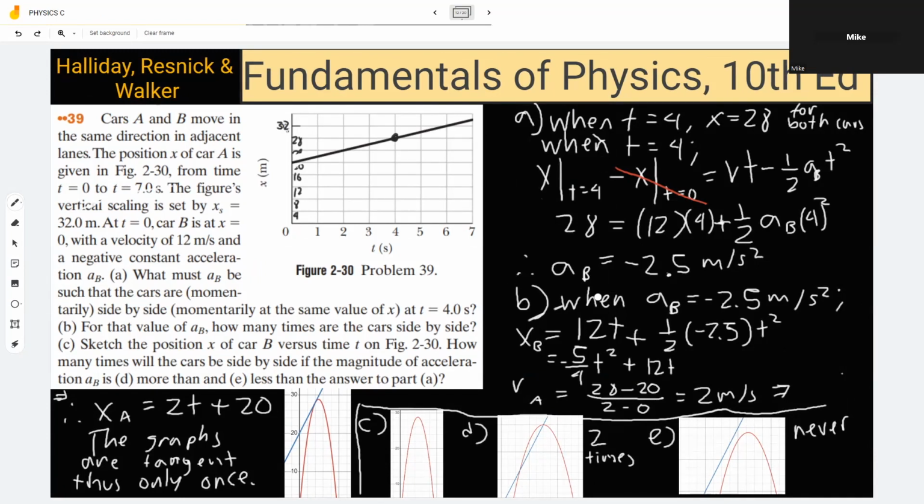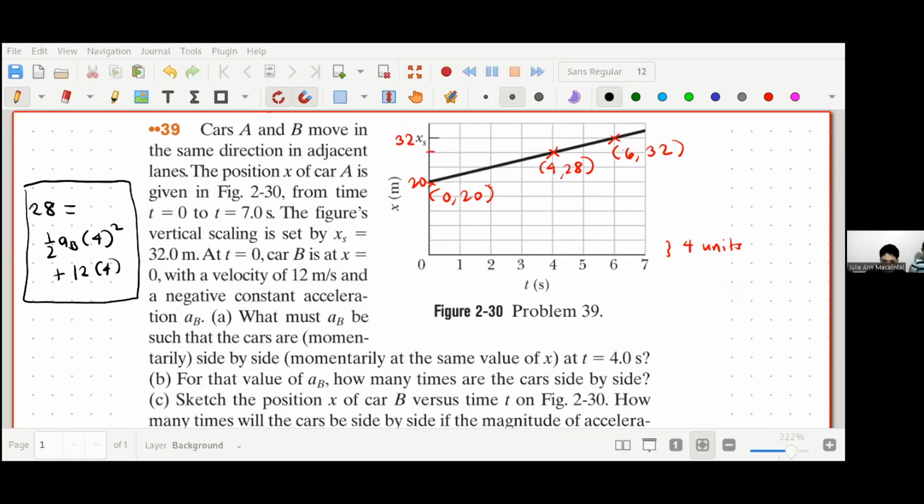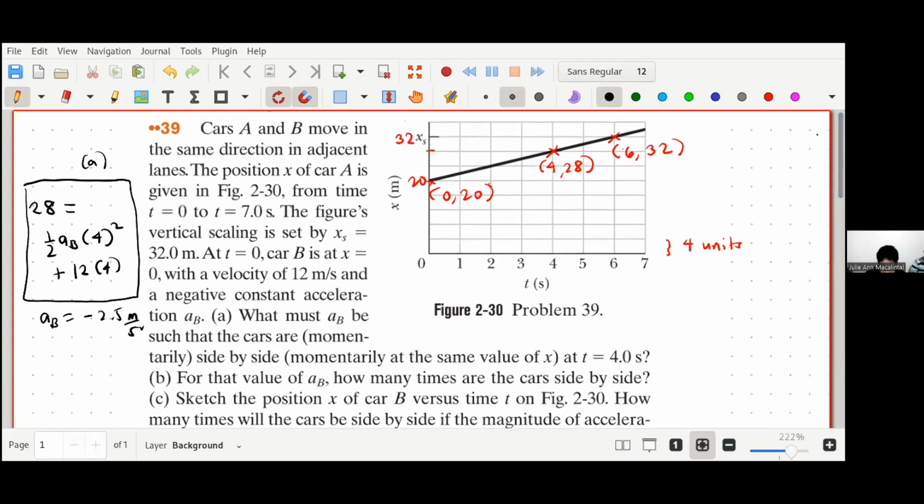Para pakita ko pa paano. So, okay na yung 28 equals this. So, this is for letter A para mas mahanap natin ang acceleration. Tapos ang nakuha, A sub B is negative 2.5, di ba? Ngayon, for letter B, ang kailangan natin, ano ba yung X versus T ng A? So, based on this, yung numbers natin, 0, 20, 4, 28.